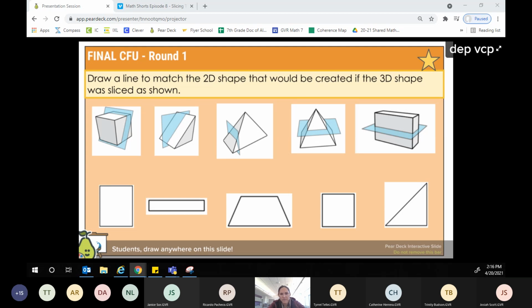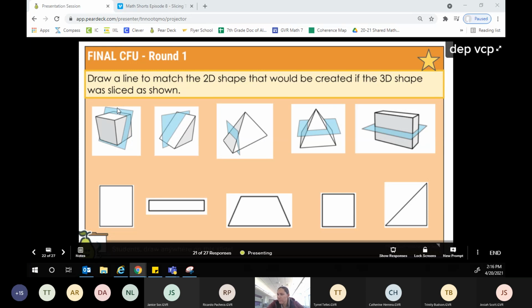All right, team. The main thing I'm seeing is with this first one, this is a cube. The starting shape is a cube, and the cut is diagonal. So I think a lot of us are thinking, oh, it's a triangle, because if I look sort of underneath the cut, it would make a triangle, right?